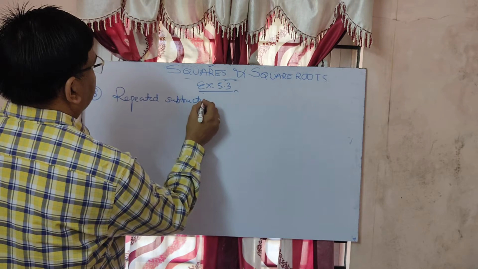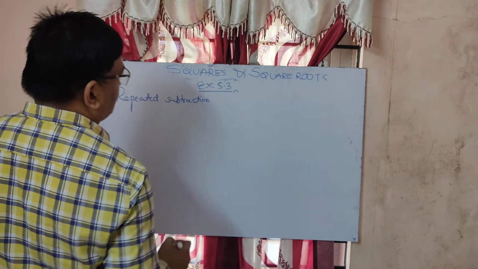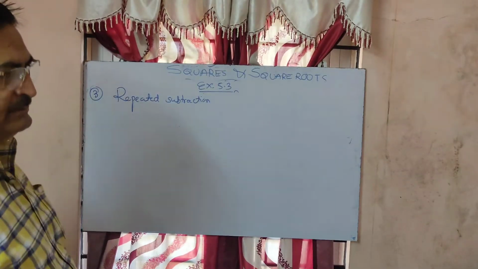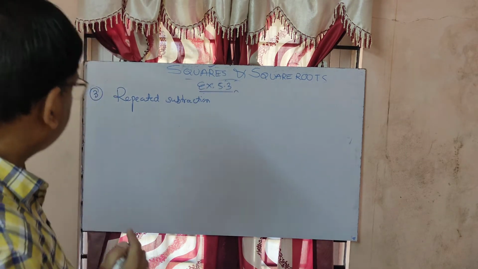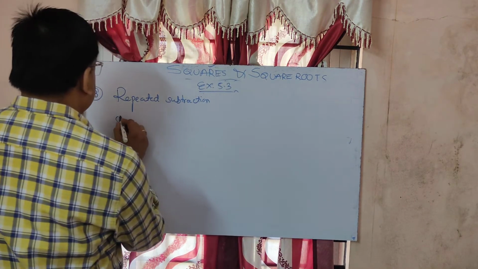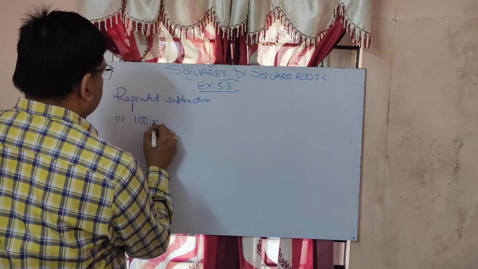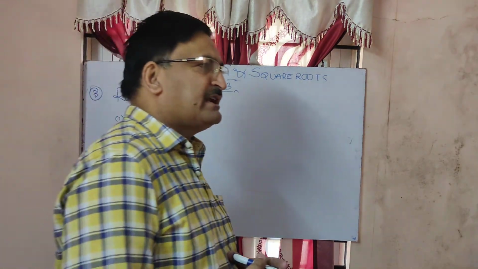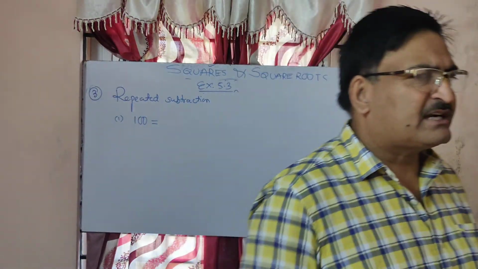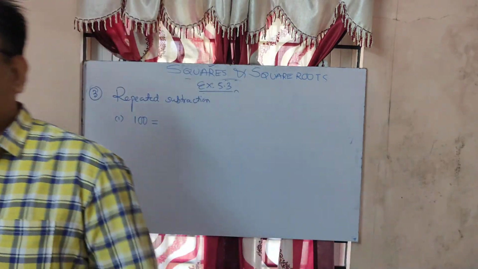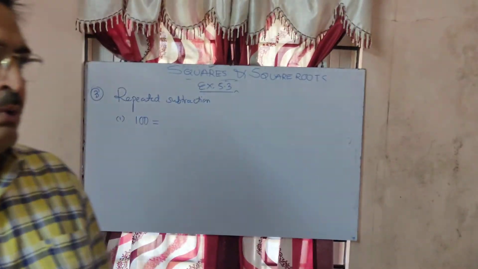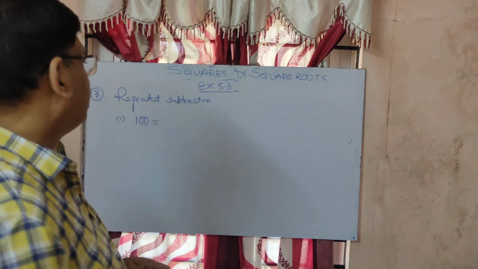I already told you, if you want to find the square root through repeated subtraction, you have to subtract odd numbers starting from 1. Continuous odd numbers you have to subtract.